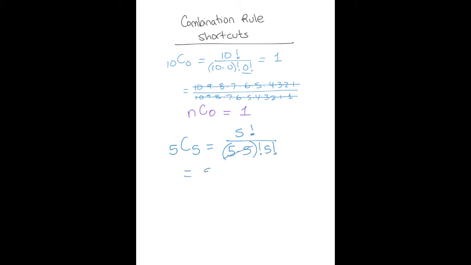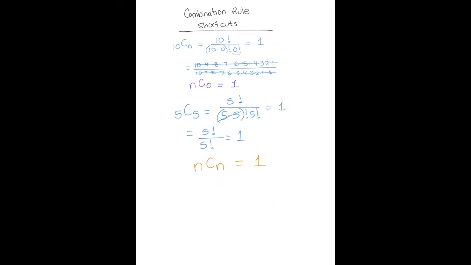So we have 5 factorial divided by 5 factorial, which of course, if we write all this out, everything cancels out, and we end up with 1. So the rule we can state is n combination n, number of trials combination number of trials, so the number of successes equal to the number of trials, would also be equal to 1.